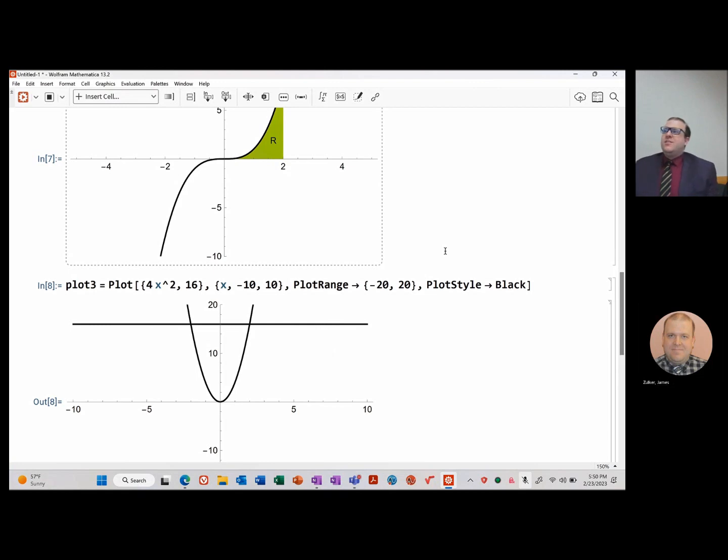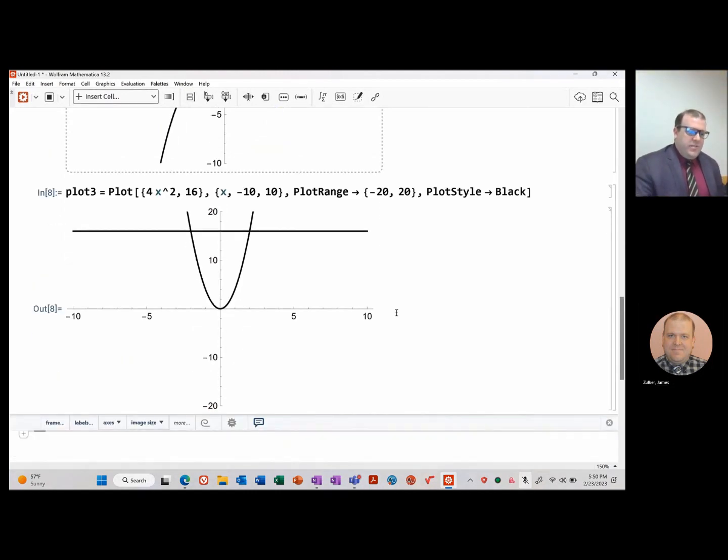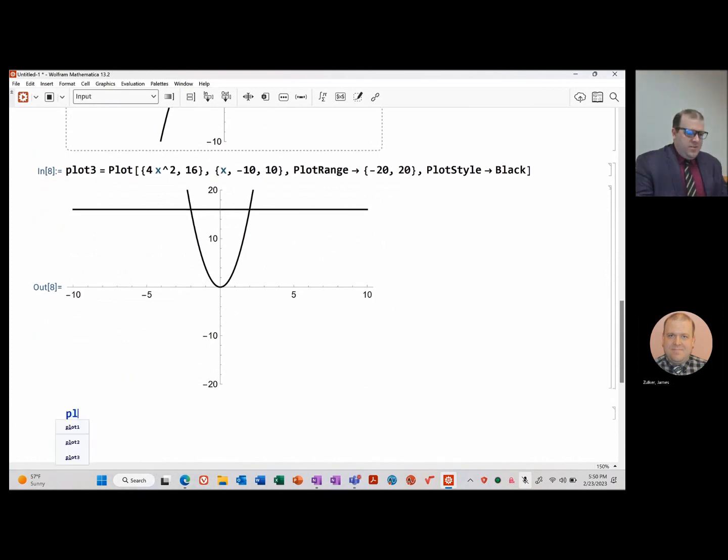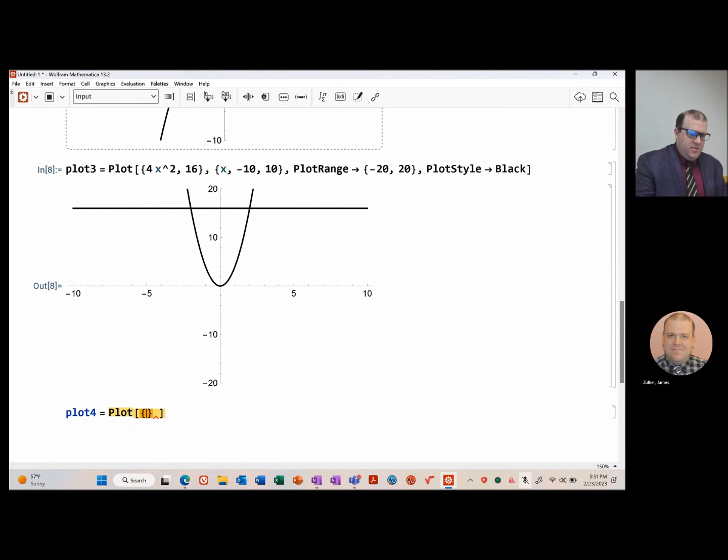The y-axis. So we're clearly going from 0, but then the question is 0 to what? 2, right?